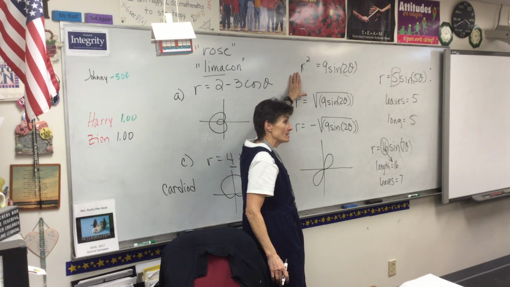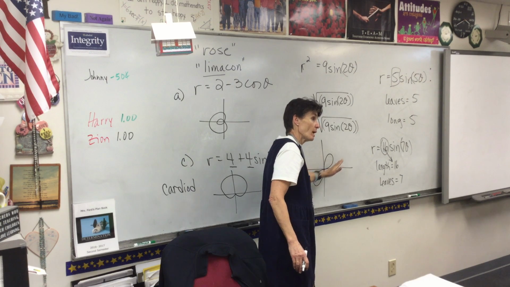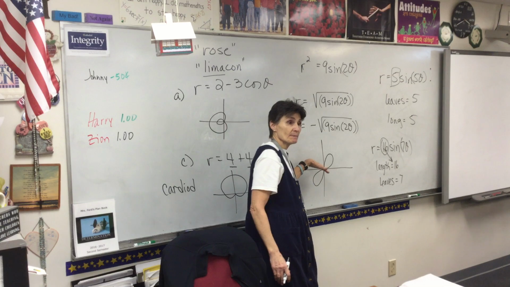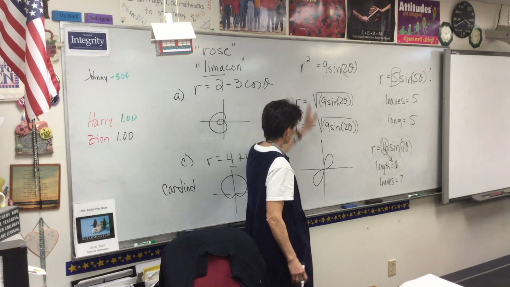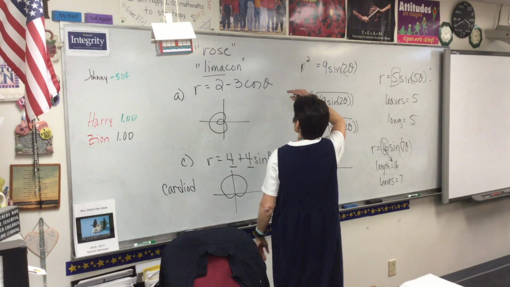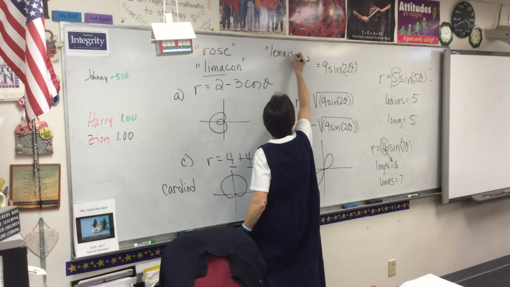This is a figure 8. Now this particular figure 8 is going this way. They can go all different ways. They can be up and down, they can be sideways, but this particular one is on the diagonal. This classical curve is known as a lemniscate.